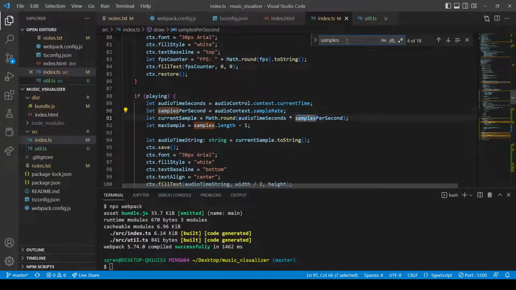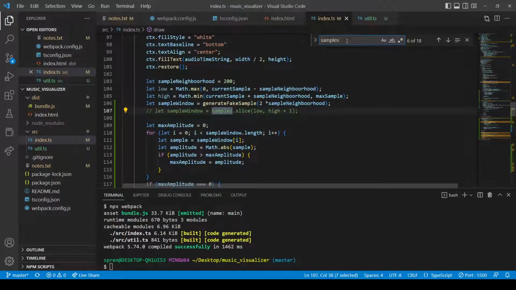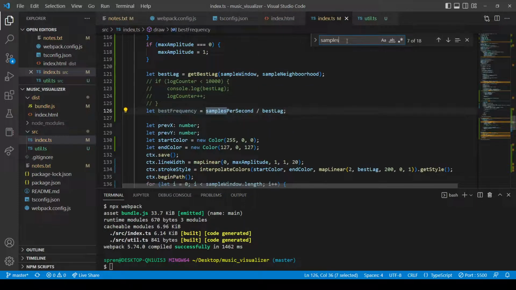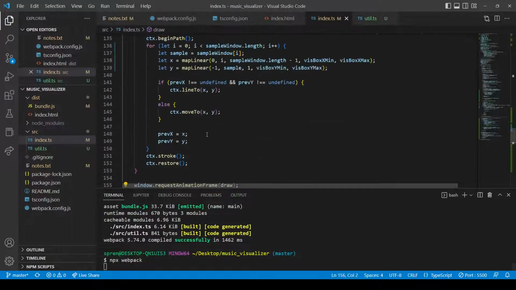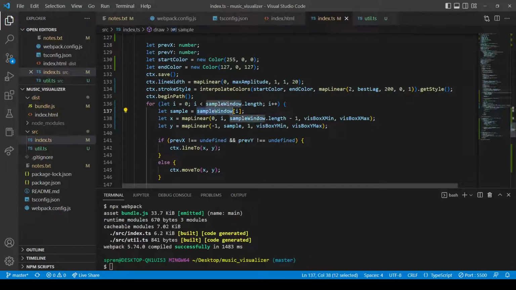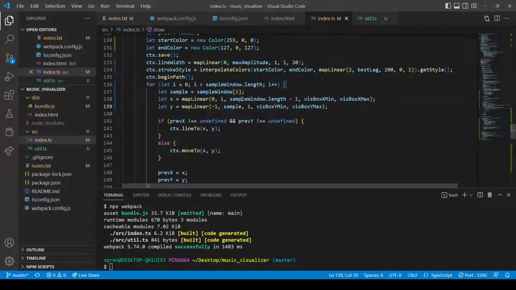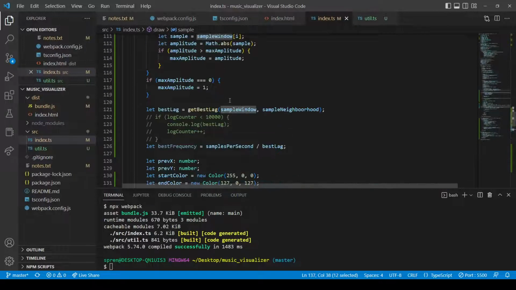Just gonna make sure it's not hiding elsewhere. Okay. Wait, what am I drawing? I'm drawing the... what am I drawing? Sample window. Right?